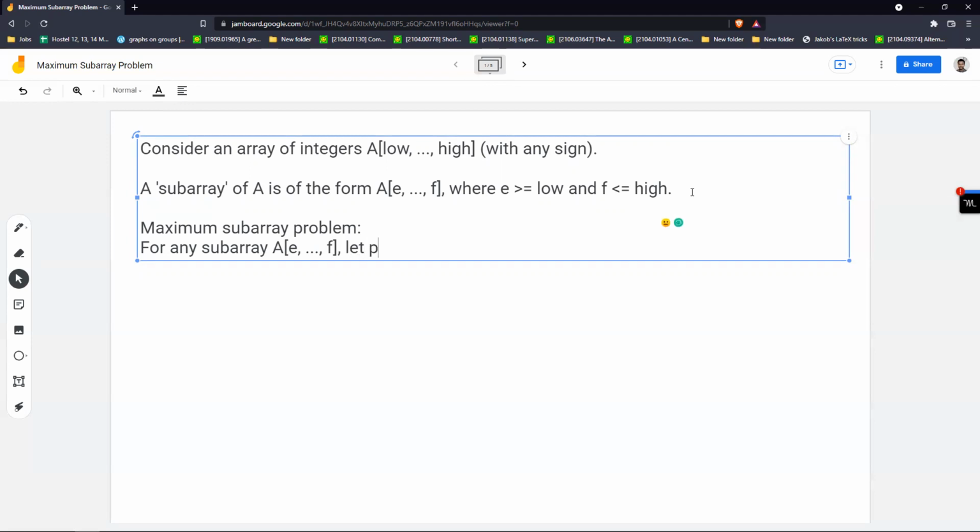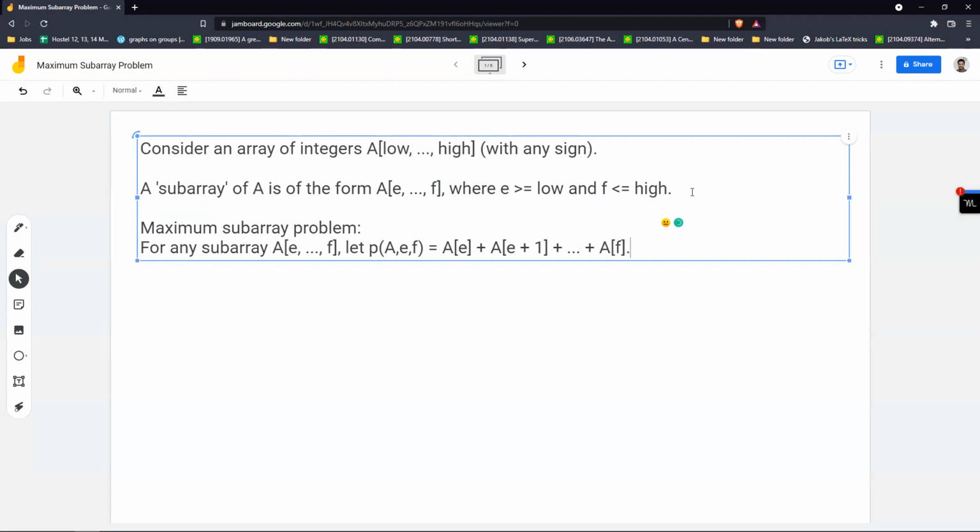Let P of A, e, f be equal to the sum of all the values, sum i equal to e to f, or rather, let me just write it simply: A of e plus A of e plus 1 plus dot dot dot plus A of f.